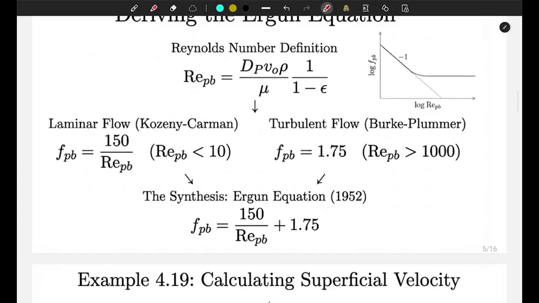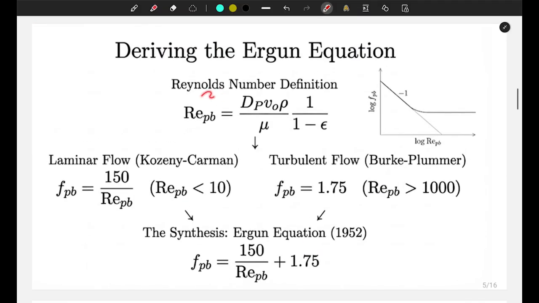Then deriving the Ergun equation. In the Ergun equation, we use the packed bed Reynolds number, which has the definition of the simple Reynolds number, which includes the particle diameter, superficial velocity, density of the fluid, and viscosity of the fluid. It also includes an additional factor which accounts for the porosity of the packed bed. For laminar flow, we have the Carman-Kozeny equation, which has the formula of 150 by packed bed Reynolds number, and this formula is valid for particle Reynolds number less than 10.